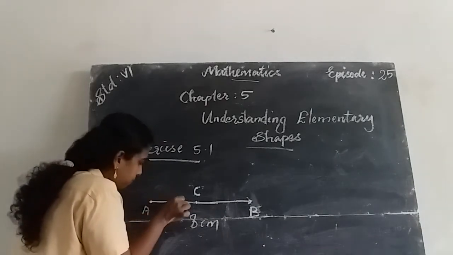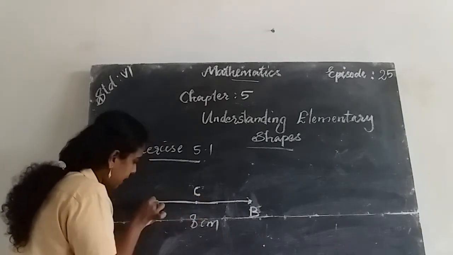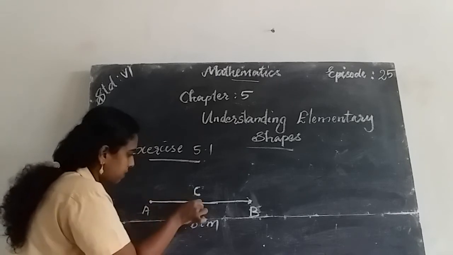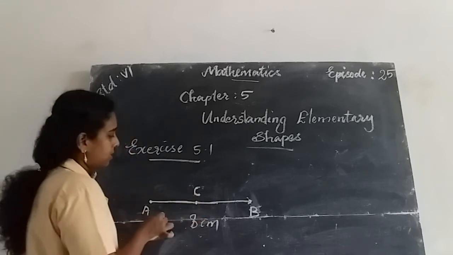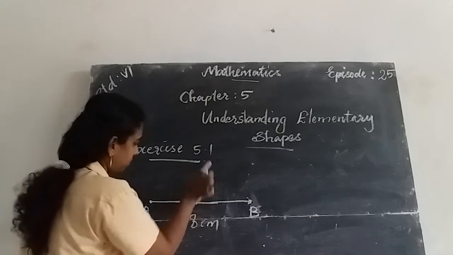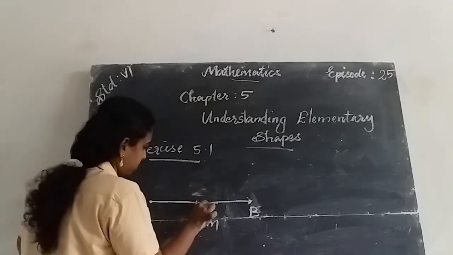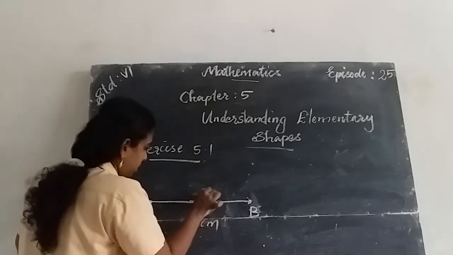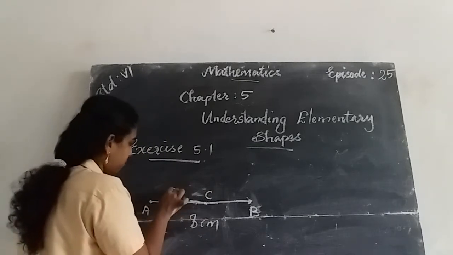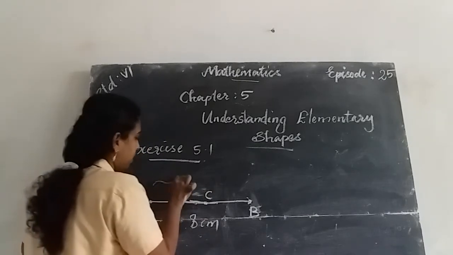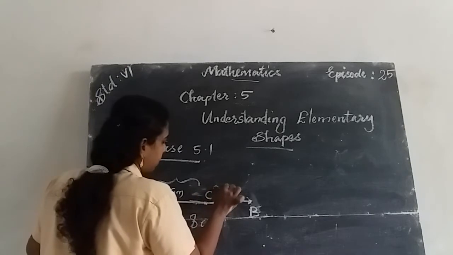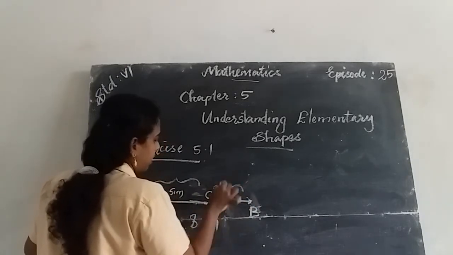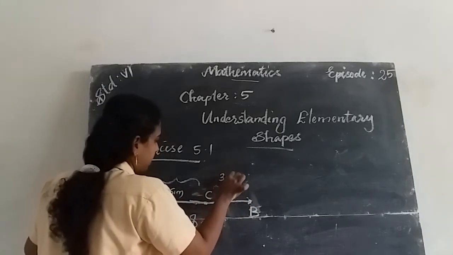Put your ruler here and find the distance between A and C. If the distance between A and C is 5 centimeters, then the distance between C and B is 3 centimeters.